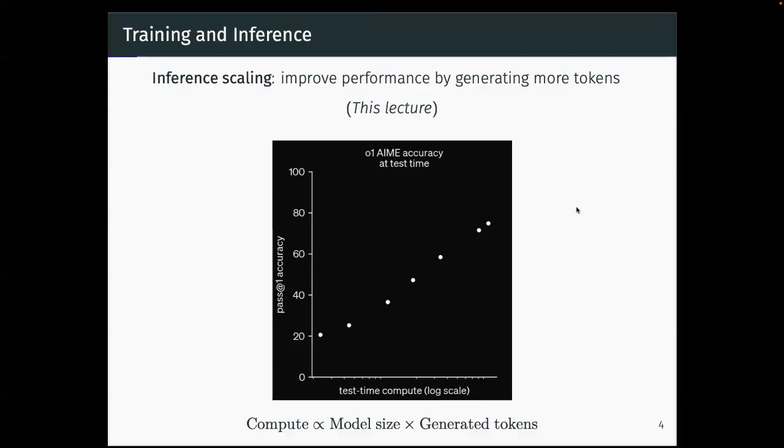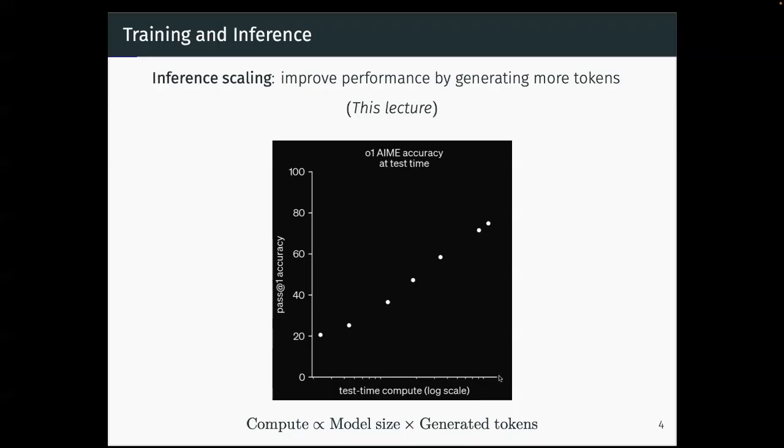Here, the compute will be proportional to the size of the model, and instead of looking at the number of tokens the model is trained on, we look at the number of tokens that we are generating. You can get different plots like this, and we'll see a few in today's lecture, where on the x-axis we have the amount of compute that we're using at inference time or test time.